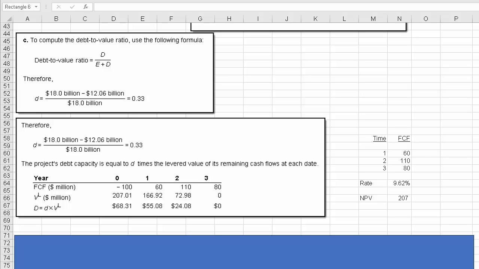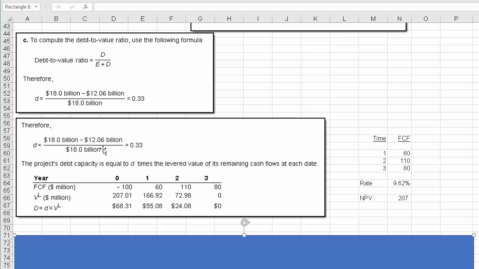All right, so we need to use the debt-to-value ratio, which is simply debt divided by equity plus debt. They've given us the information. So debt would be the full enterprise value less the equity, right? I mean, we have equity and debt. If we know the equity and the total, then we can calculate the debt. And we divide it by the total. So it's 0.33. That's our debt to value ratio.